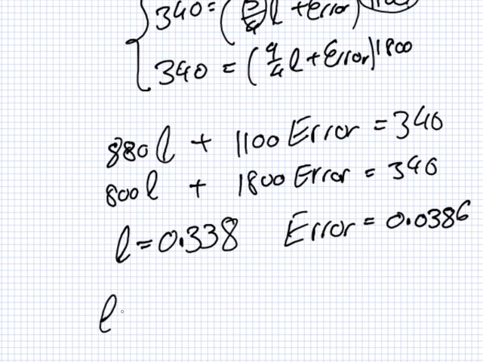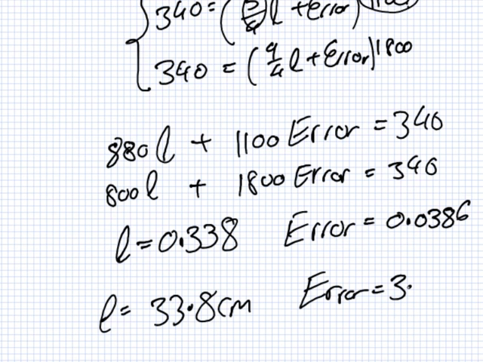So the length of the pipe is 33.8 centimeters, and the error is equal to 3.86 centimeters. It's a pretty big error. It's about 10%.